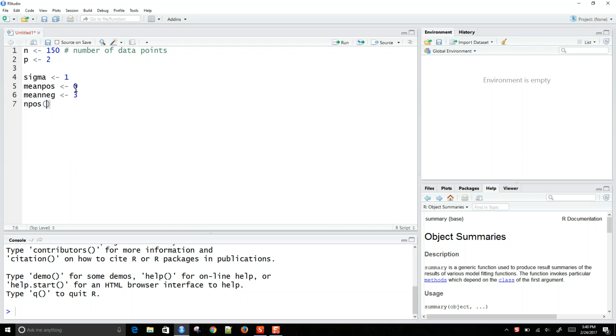The number of positives will be n over 2, and I should round that, and the number of negatives will be n minus the number of positives.